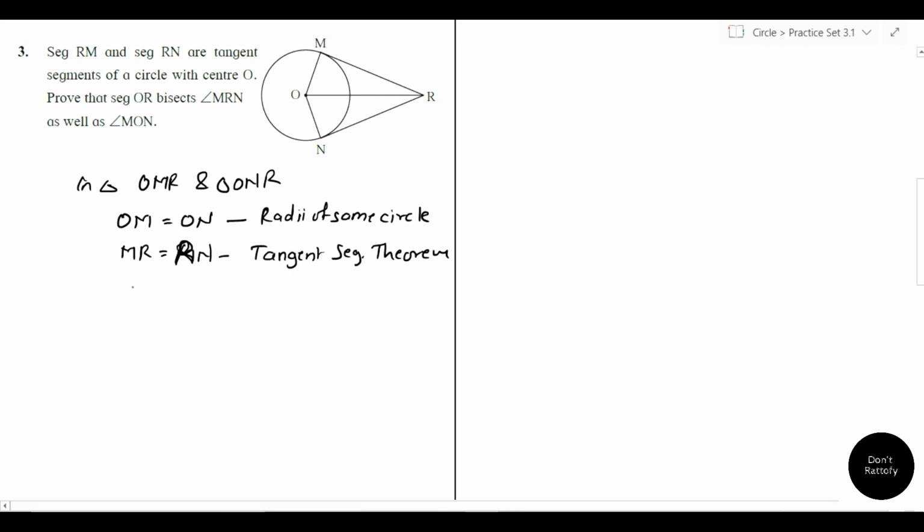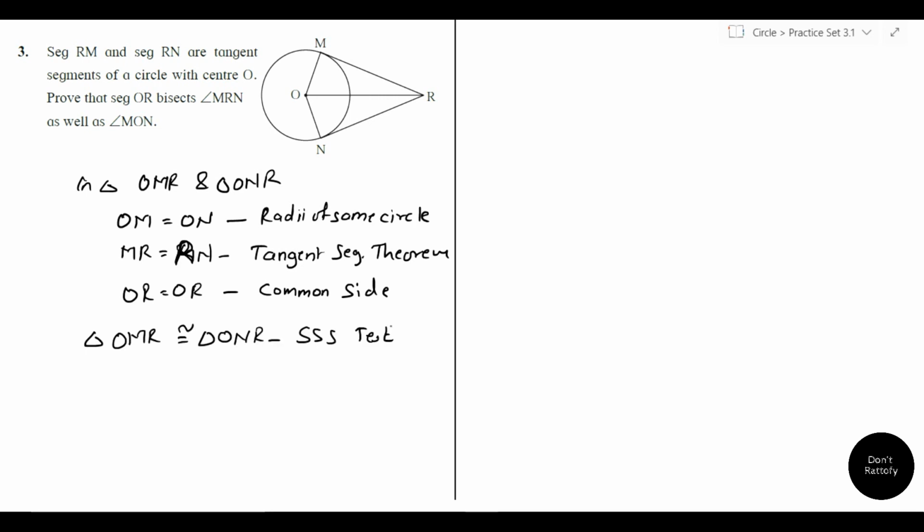We also know that OR is equal to OR because it is the common side for both the triangles. If this is the case, can I say that triangle OMR is congruent to triangle ONR? By SSS test, I can say that both the triangles are congruent.